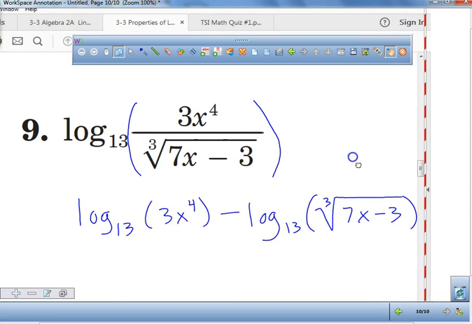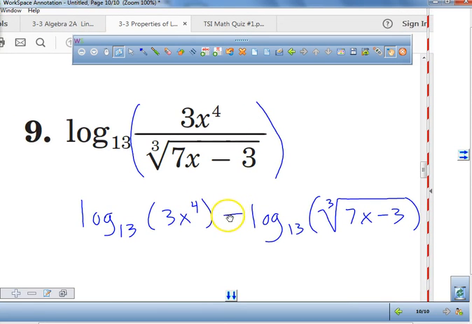So the quotient property allows us to put this minus sign here. That's what we're using first. We're using the quotient property. I'll write it down.